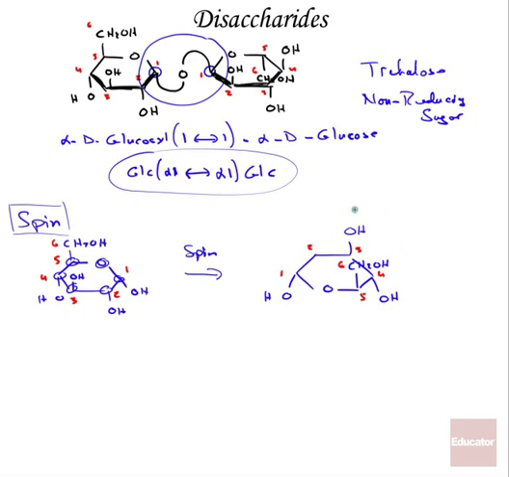Now notice in this particular case with the spin arrangement, now my oxygen is down below the ring. So when I draw my trehalose structure, here is what my structure is going to look like. This stays the same. That, and that. That's going to go like that. And here, oxygen is there.